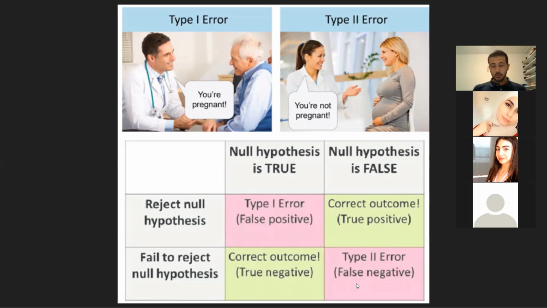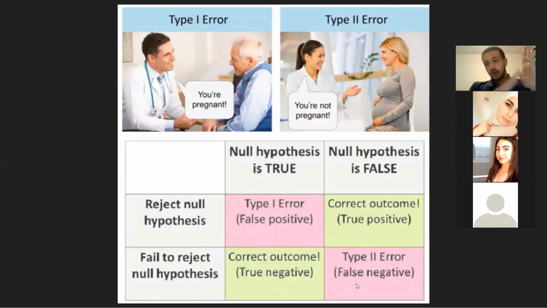Actually, the false positive is like I'm coming to somebody and saying that you are pregnant, but he can't be pregnant. The null hypothesis is true. He is not pregnant. He is similar to everybody. But I'm saying that he is pregnant. He has something special. So I rejected the null hypothesis in my opinion, but in reality, the null hypothesis is true.